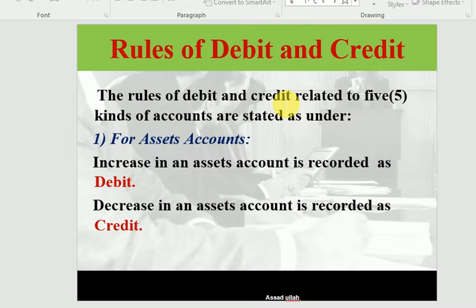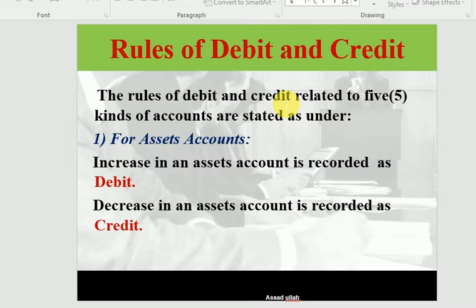Now furniture is an asset and cash is also an asset. Increase in furniture means increase in an asset, and we paid cash, so decrease in cash means decrease in an asset. So one asset increases and another asset decreases.